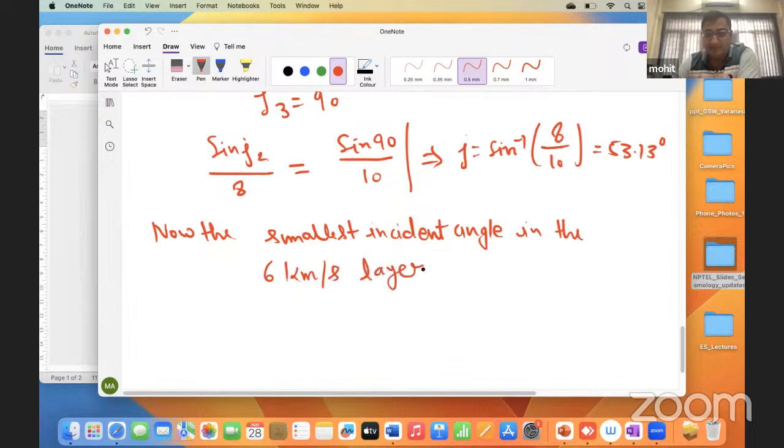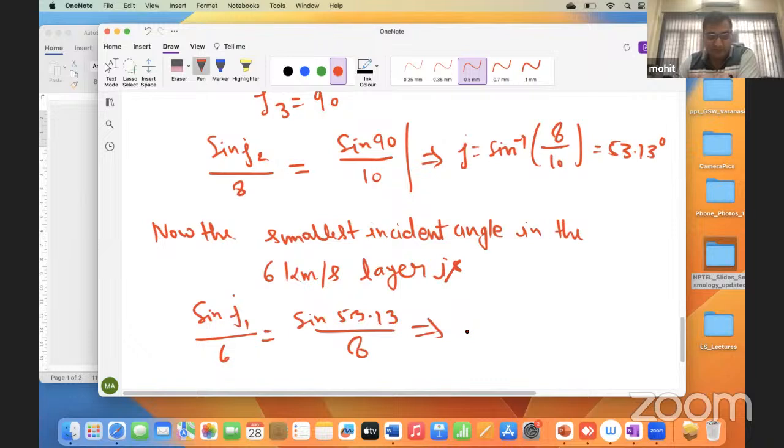So sine of j1 divided by 6 is equal to sine 53.13 divided by 8. So that will give you j1 as 36.9 degrees. So this is the smallest angle.